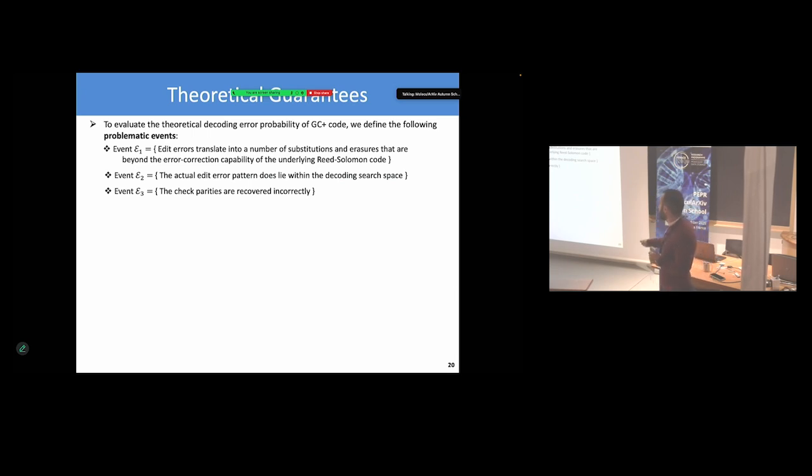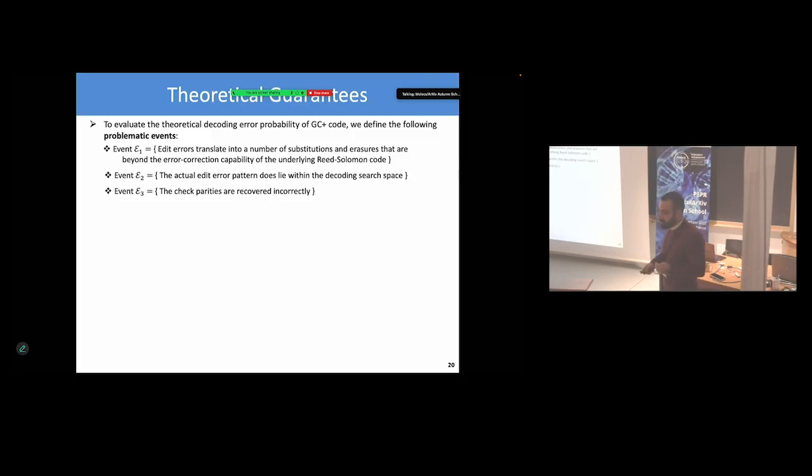The second problematic event is that the actual edit error pattern does not lie within our search space, because we're making guesses, right? We can only make a finite number of guesses. Maybe all my guesses were wrong. So there's an event where all your guesses are wrong and the actual edit pattern does not lie within the search space.